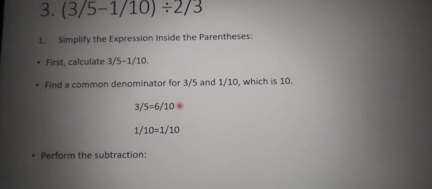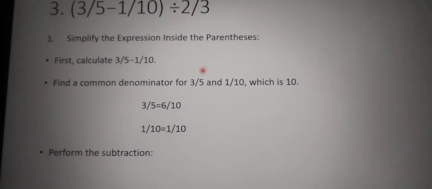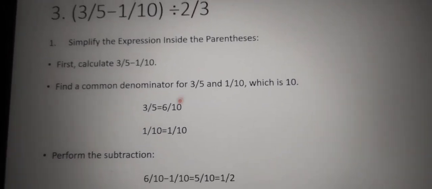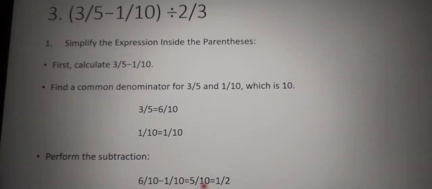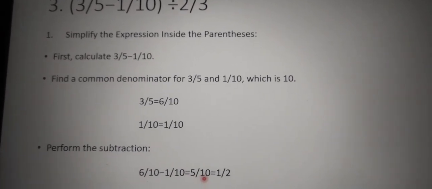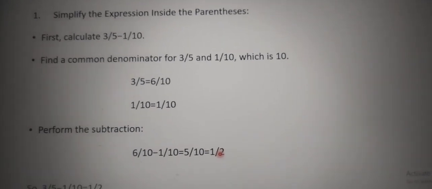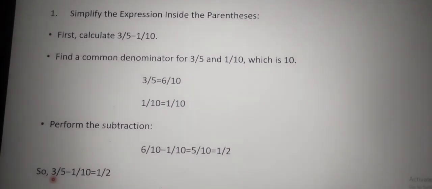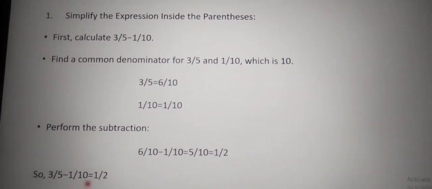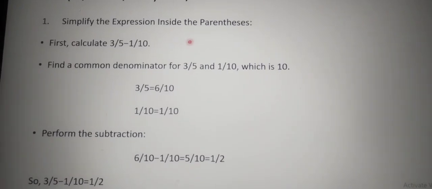Since I already have common denominators, I can easily perform it. So 6/10 minus 1/10 equals 5/10, which can be easily simplified into 1/2. So the solution is that 3/5 minus 1/10 gives us 1/2. Now we have the answer for the parentheses.